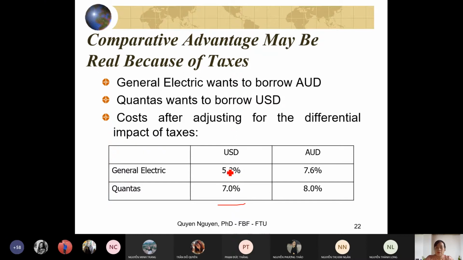In order to understand why we have comparative advantage, we just take the difference. For USD, the difference is 2%, and for Australian dollars, it would be 0.4%.